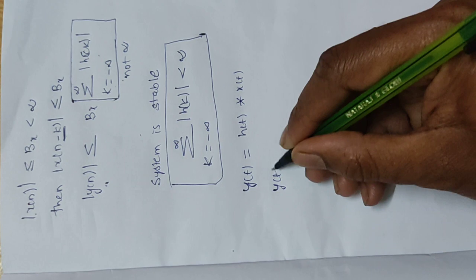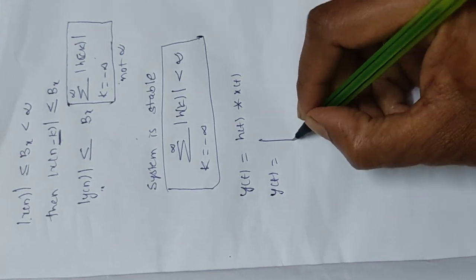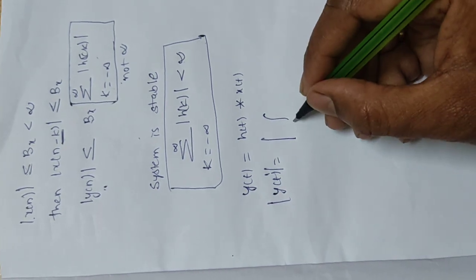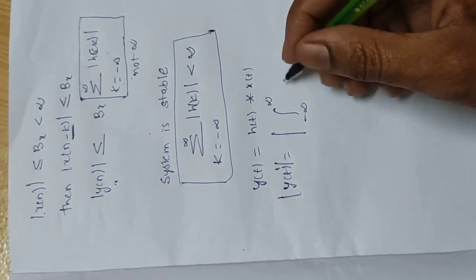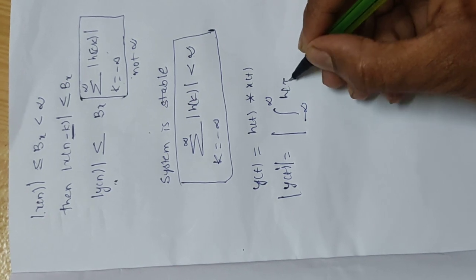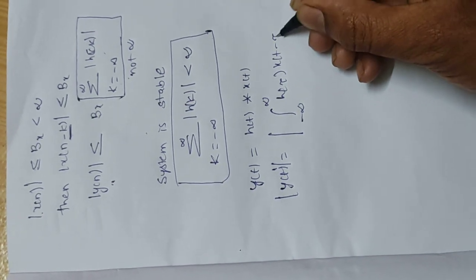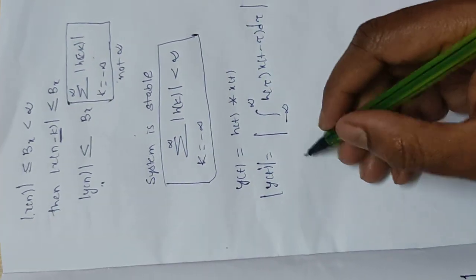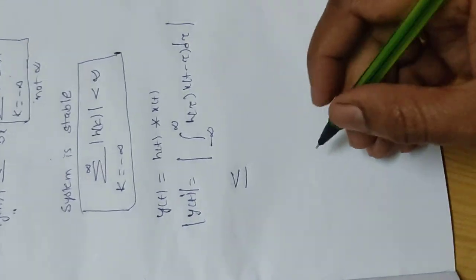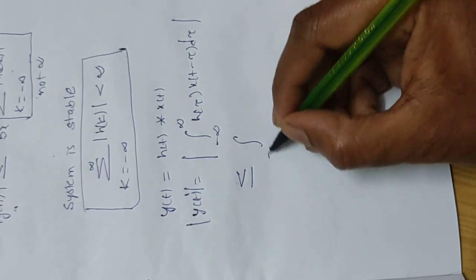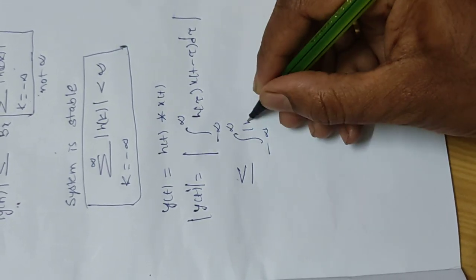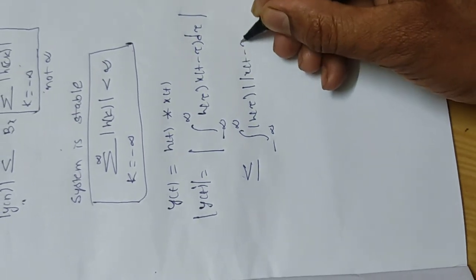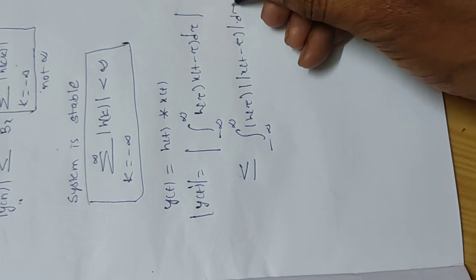So modulus of y of t is equal to modulus of the integral from minus infinity to infinity of h of tau x of t minus tau d tau, and this is less than or equal to the integral of modulus of h of tau modulus of x of t minus tau d tau.